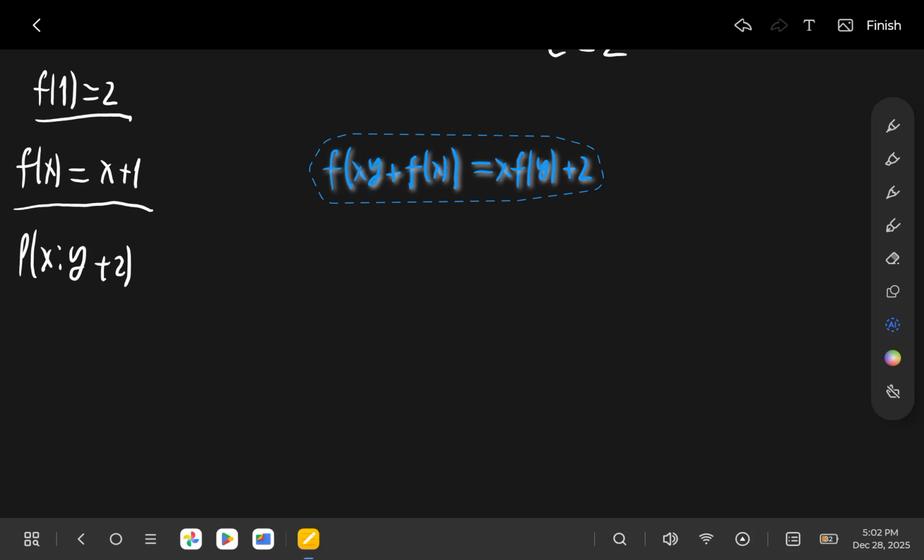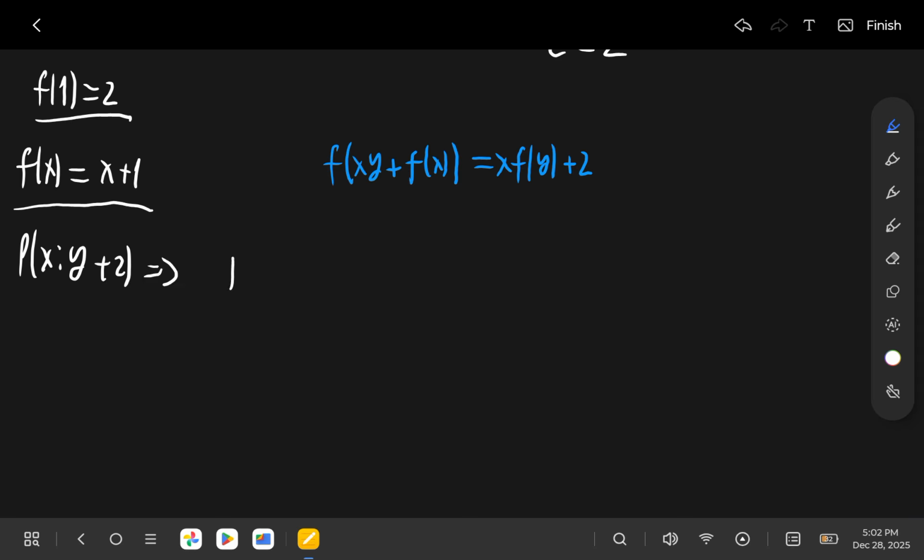After putting this, we will get f(xy + 2x) + f(x) equals x f(y) + 2x + 2.